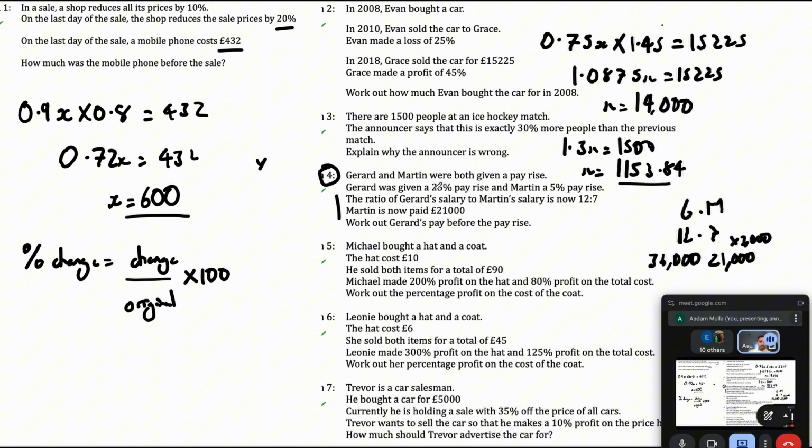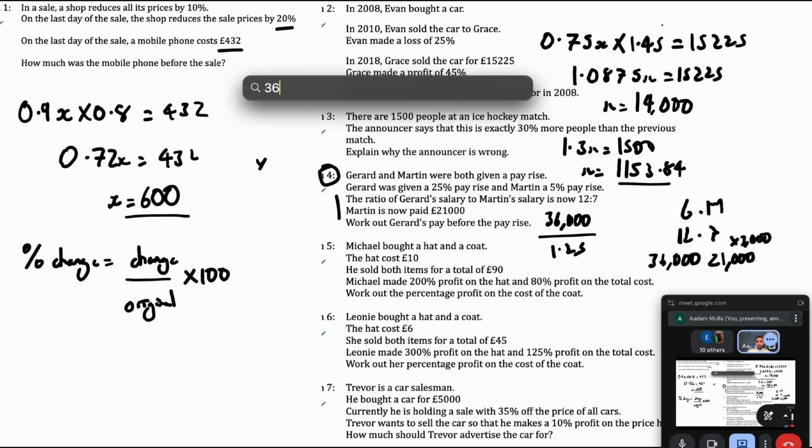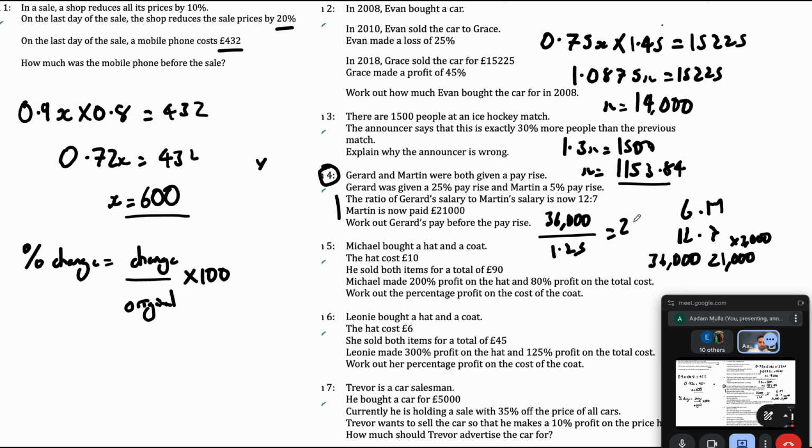And then you can start working out Gerard's pay before the pay rise. So that would be 36,000 divided by 1.25, which is 28.8.